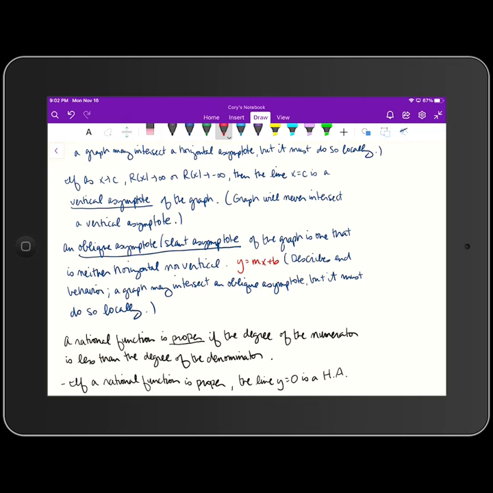Now, your graph will never intersect a vertical asymptote. Again, if as x approaches c, r of x approaches infinity or negative infinity, then the line x is equal to c is a vertical asymptote of the graph.